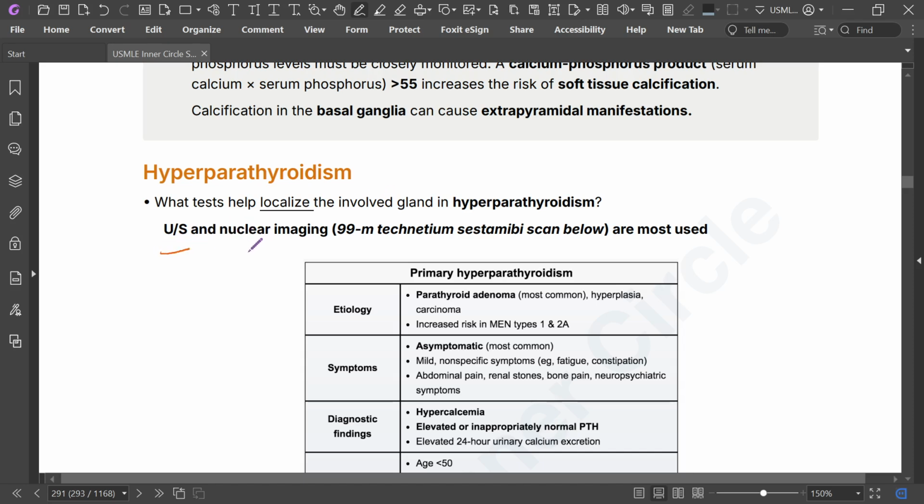Ultrasound and nuclear imaging, 99m technetium sestamibi scan, are the most used for localization of the pathology.